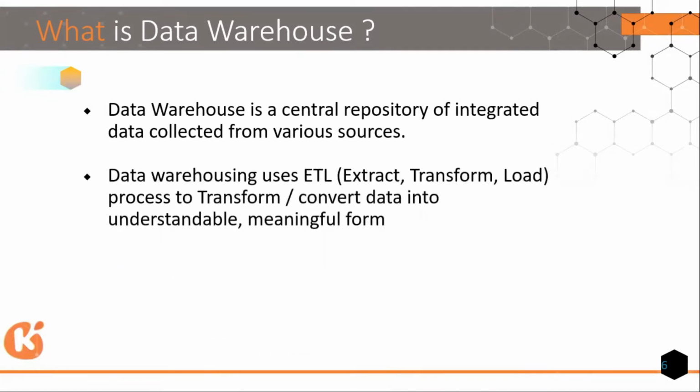We will extract data from different files and different types of databases, which are in many different formats. We will apply transformations or data conversions, convert all the data into one standard format, and write it into the data warehouse. This is the extraction, transformation, and loading, ETL process.